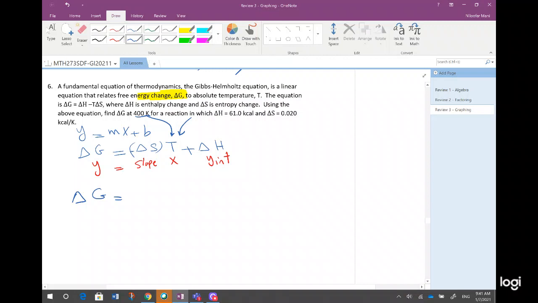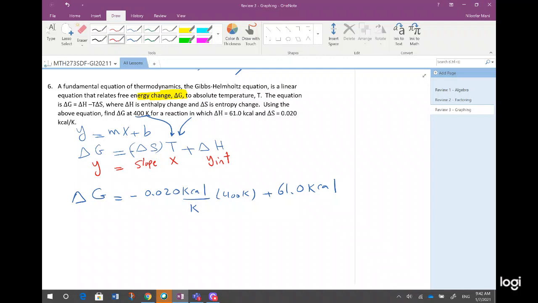It is in kilocalorie per K, and this one is 400 K, and this one is 61 kilocalorie.